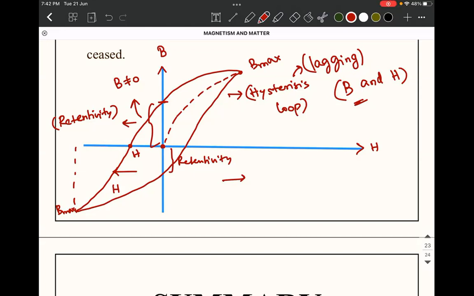Are you guys able to understand? Yes, sir. Okay, this loop is what is called the hysteresis loop.